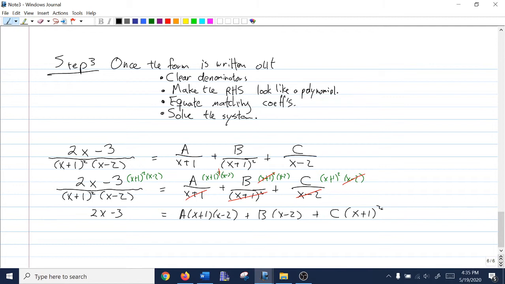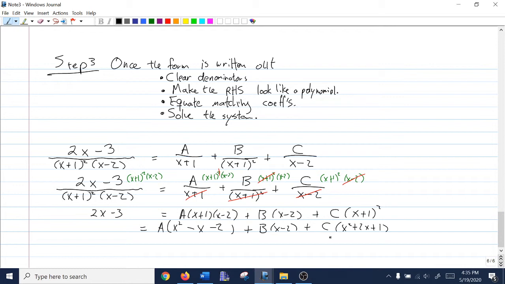The key thing is the thing on the left I can see is just a polynomial. The thing on the right I can see is a sum of products of polynomials. I need to make this look like just a regular polynomial. FOIL out x plus 1 times x minus 2, you get x squared plus x minus 2x is minus x minus 2, b times x minus 2, c times x squared plus 2x plus 1.